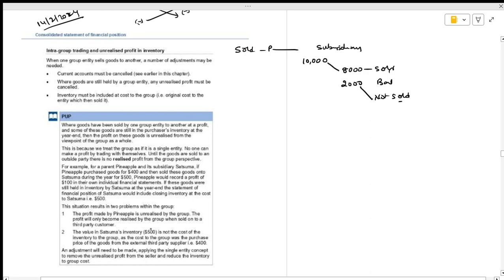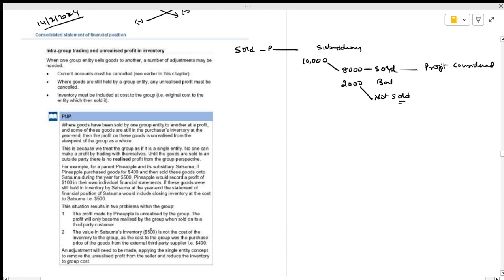If it is not sold, you should not take the profit on that. Whichever value has been sold, on that value profit has to be considered.